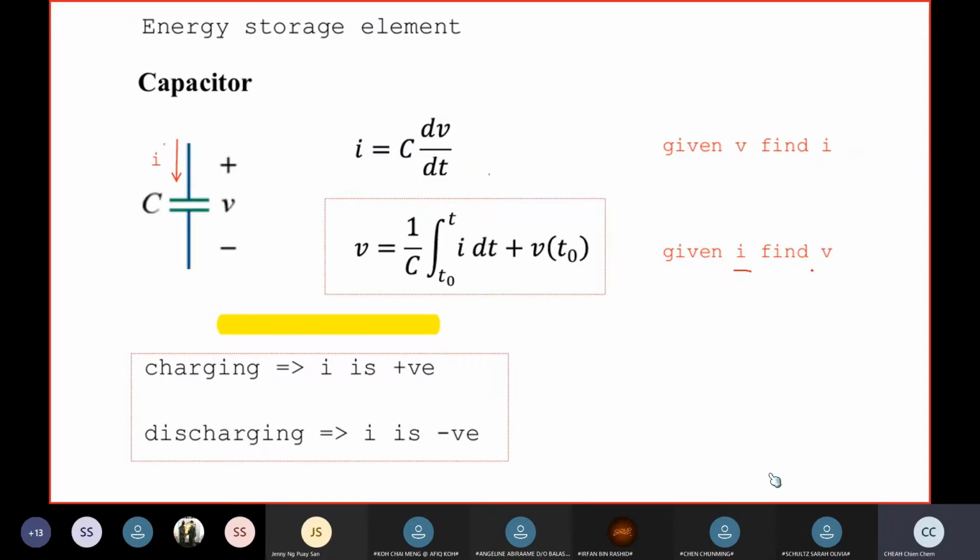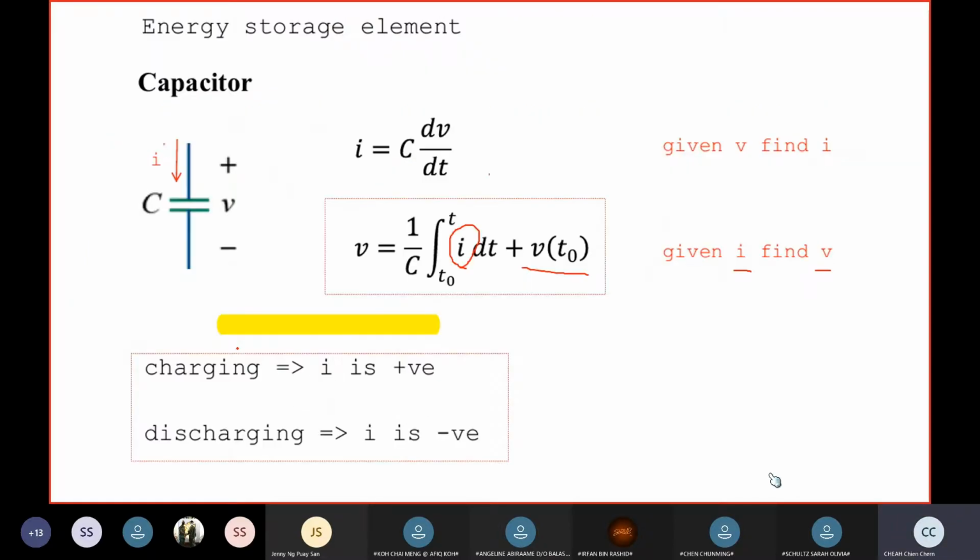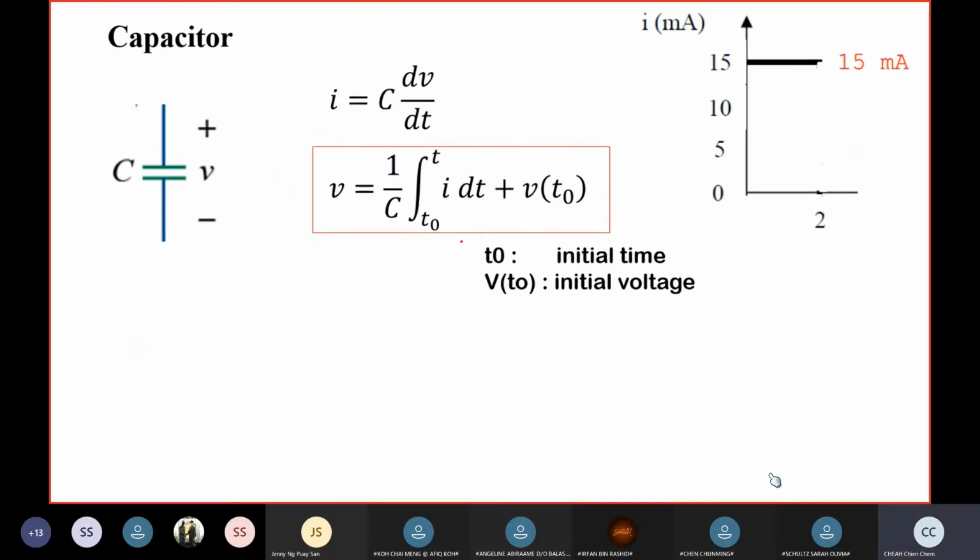Okay, for the first part, the initial voltage is given. V0 is equal to 10 volts. So we start from 10 volts, then we start charging. And firstly, we have a positive current of 10 milliamperes. We charge up from 10 volts.